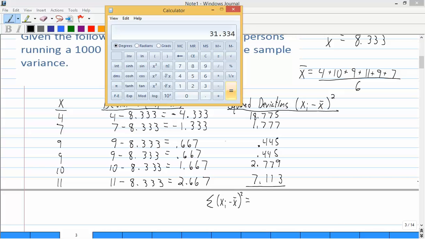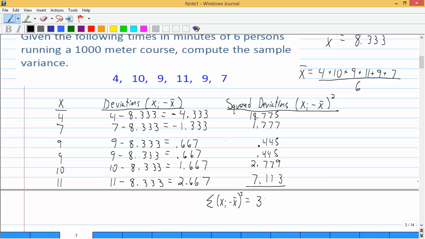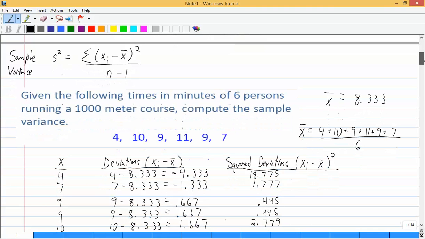Alright, so I got 31.334. So that is my numerator, 31.334.